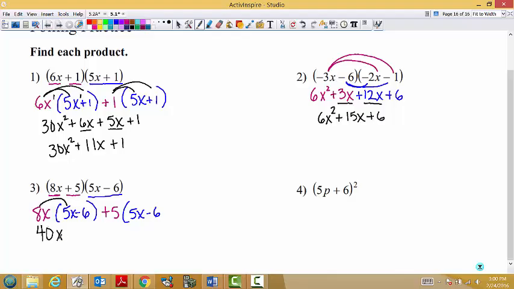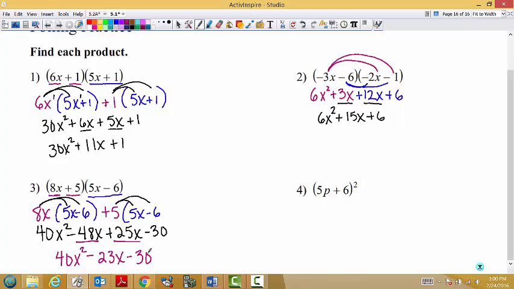X times x is x squared. 8 times negative 6 is negative 48x. 5 times 5 is 25x. 5 times negative 6 is negative 30. And then I combine the like terms. Negative 48 and positive 25 is negative 23. And then I bring down the 40x squared, and I bring down the negative 30.